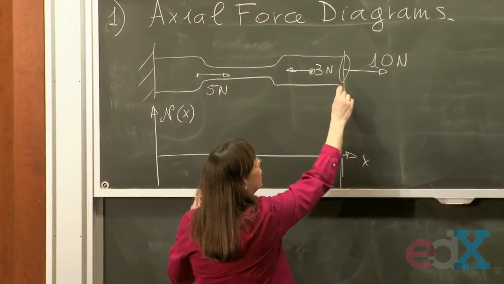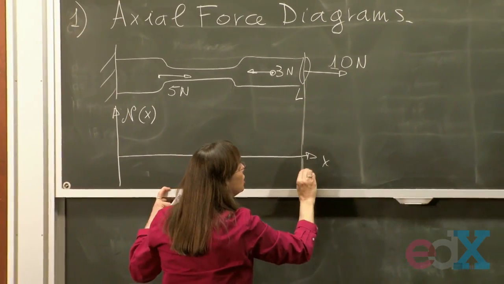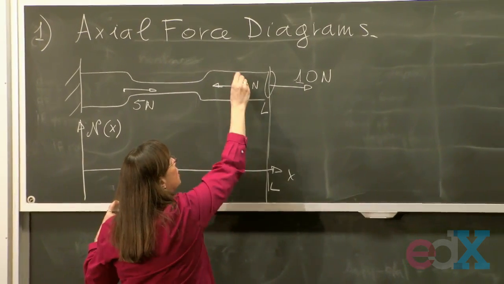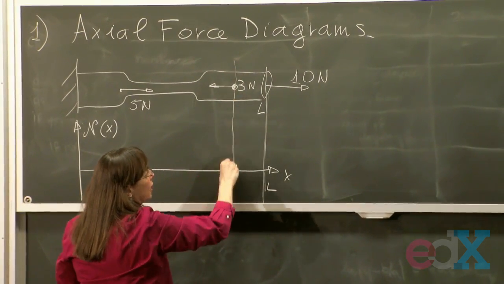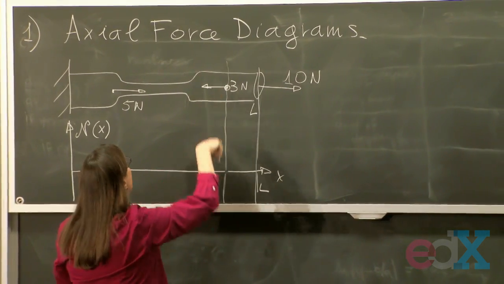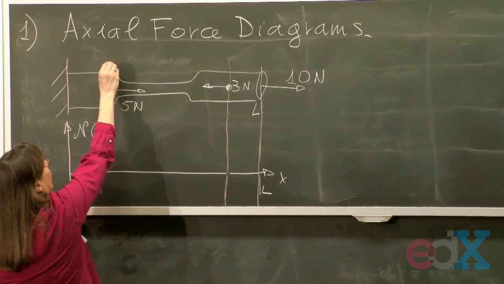So this is the end of the bar L, so this is where x is equal to L, and then maybe here, something happens here. You see a force is applied here. So bring it down, because something is going to happen here in your axial force diagram. So bring down your line from where the forces are applied.